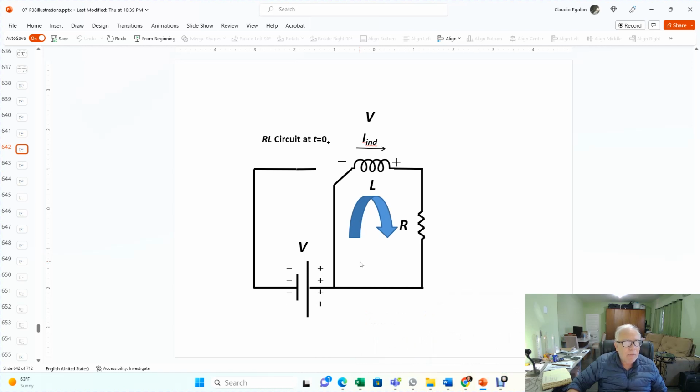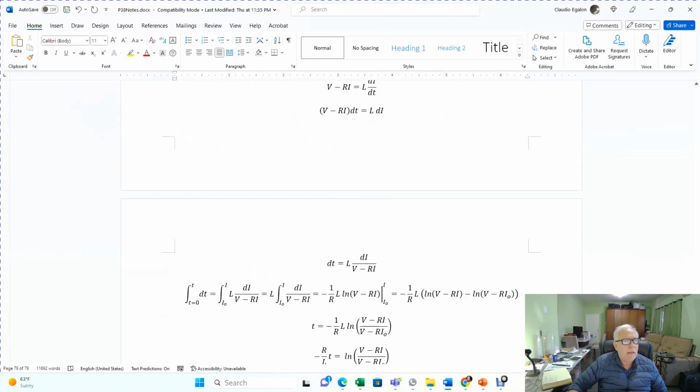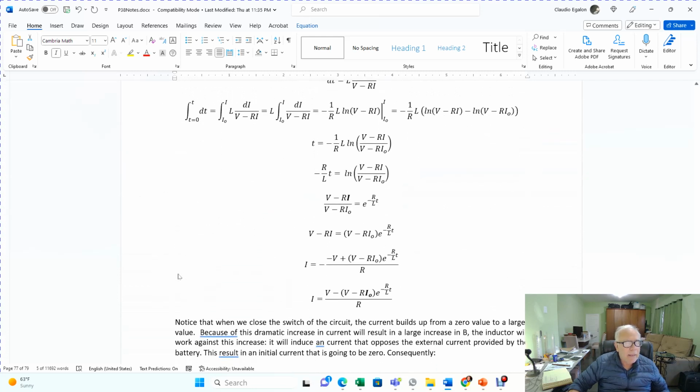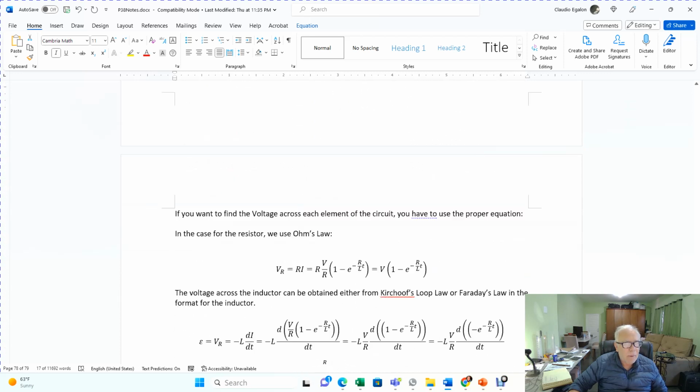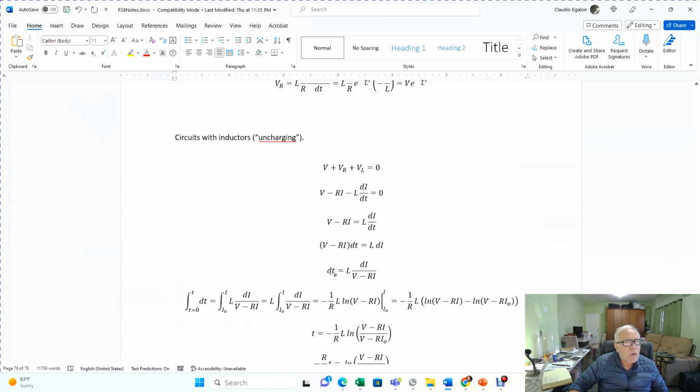Okay, so we're going to have a clockwise loop, V sub L, V sub R equal to 0. Let's copy that. We're not going to get exactly the same current, but there are lots of things that match what we're doing.